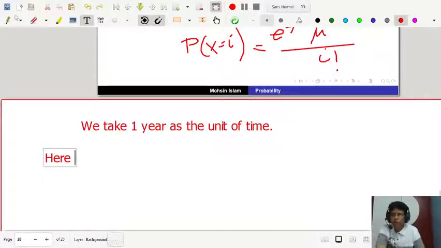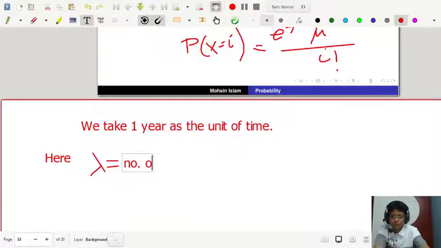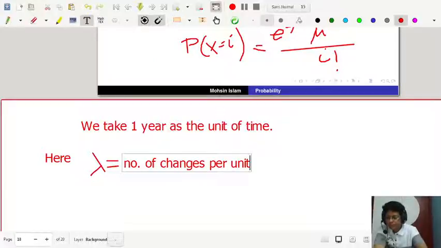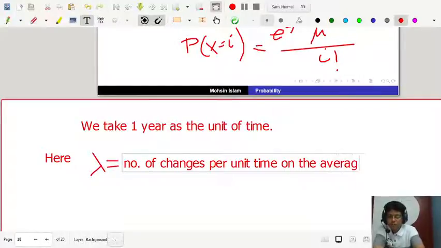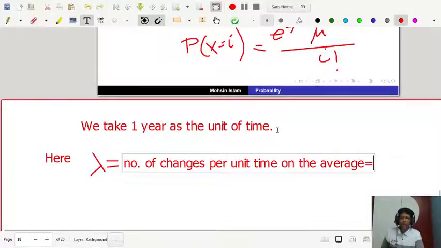Suppose lambda equals the number of changes per unit time on the average. You take 1 year as the unit of time.